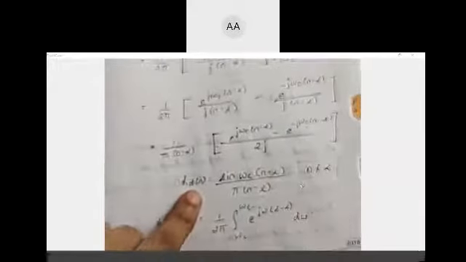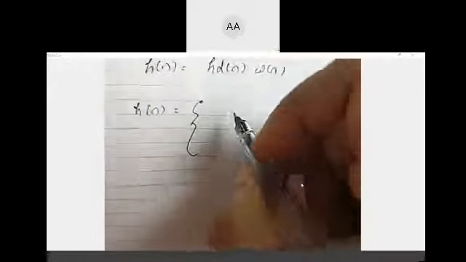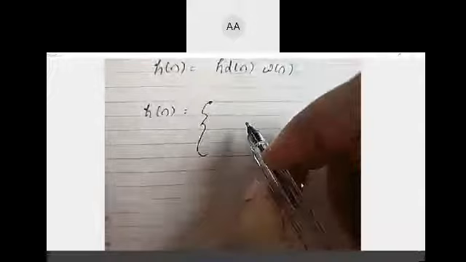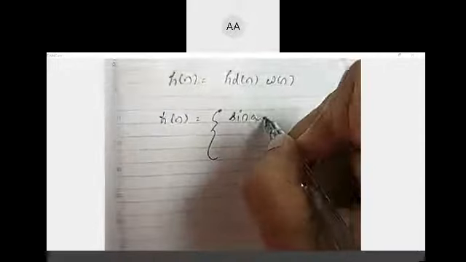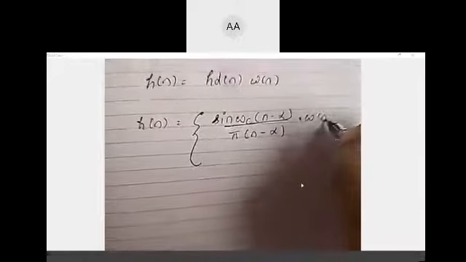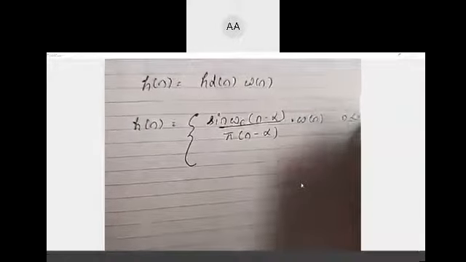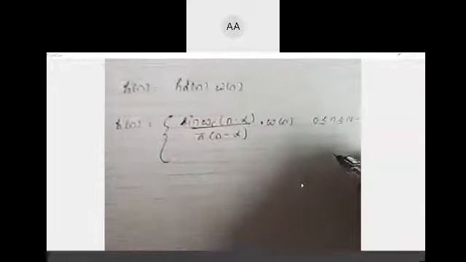So what happens to your h of n here? This is your hd of alpha and hd of n is this. In general you multiply it with a window function. So your actual h of n for a low pass filter, you get it as sine of omega c into n minus alpha by pi into n minus alpha, into w of n, for 0 less than or equal to n less than or equal to N minus 1, for n not equal to alpha.